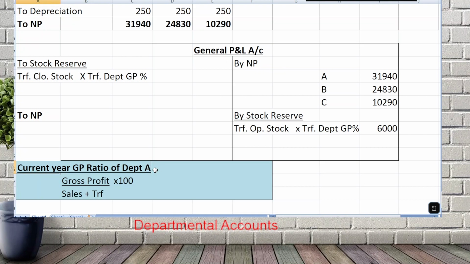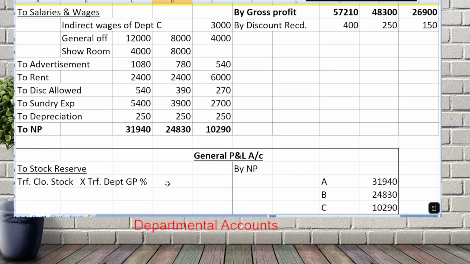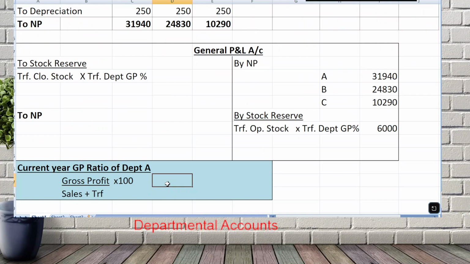A. So what is the gross profit? 57, divided by sales plus transfer. What is the sales? 1,80,000 plus how much transfer? Into 100. What percentage comes? 30. So 30%. So closing stock, how much? 5,700 into 30%. How much does it come to?